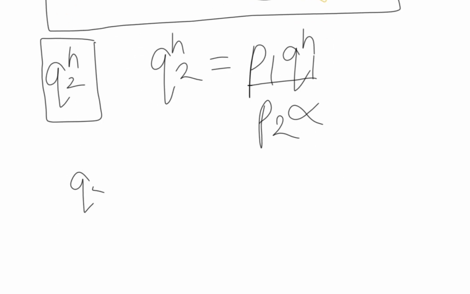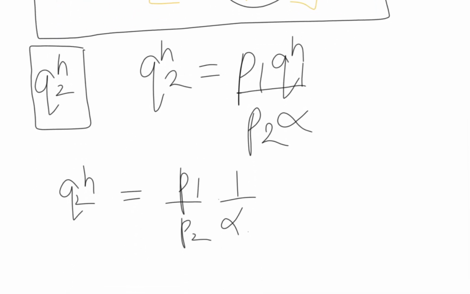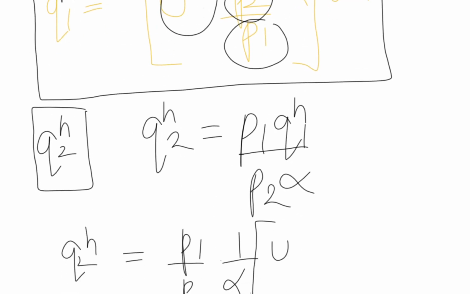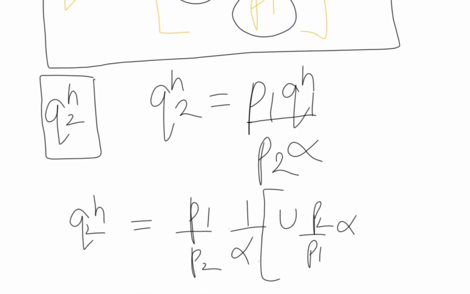Q2H, which is the Hicksian demand function for the second good, is given as P1 by P2 into 1 upon alpha. All of this is as it is. Now we replace the value of Q1H that we calculated above. It comes out to be U P2 by P1 alpha whole raised to power 1 upon alpha plus 1.